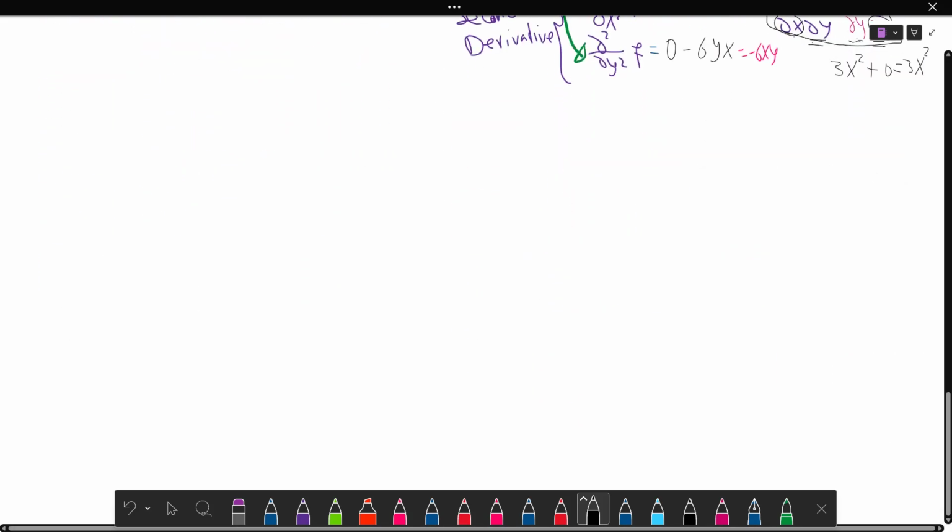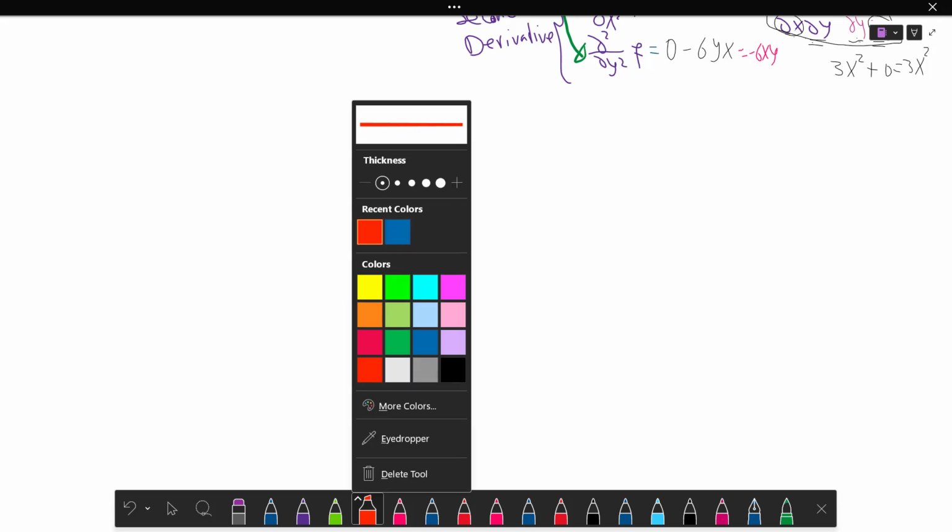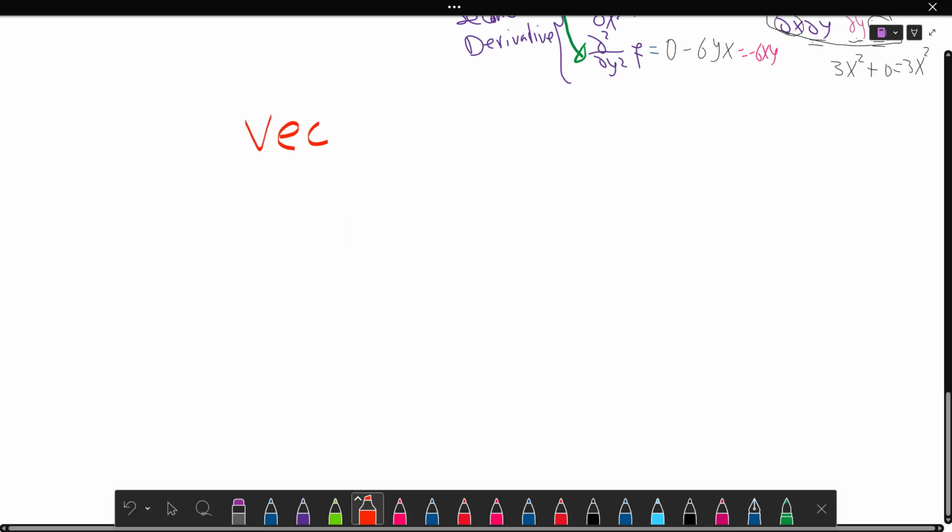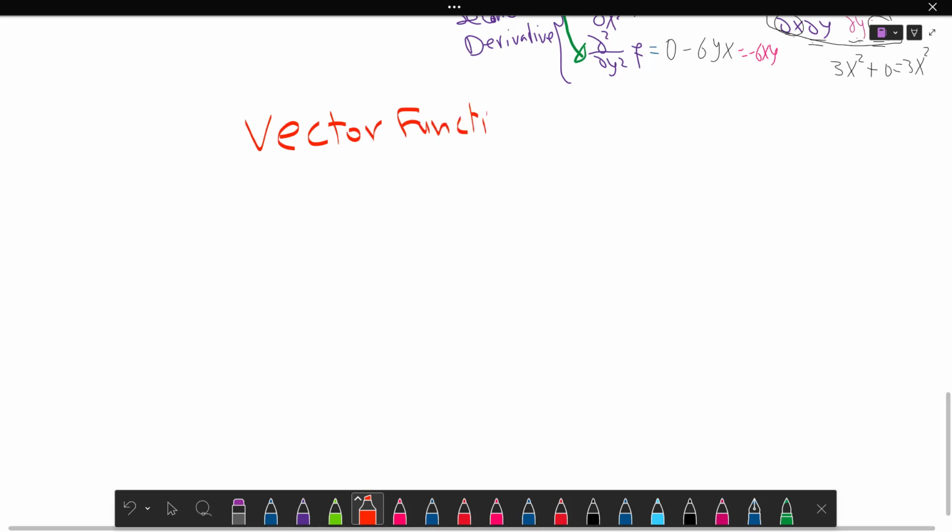Sometimes you have a vector function. So what is the difference between the scalar and the vector? When you have a vector, you should have a unit vector, right? If you are in two variables, let's call it z, because when you have z, it means you have z as a function of the two variables, right?